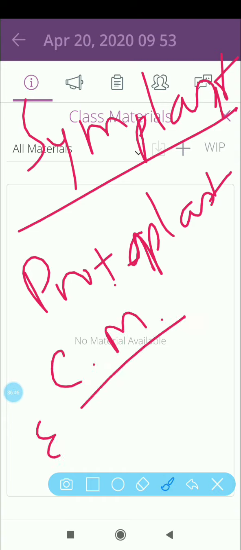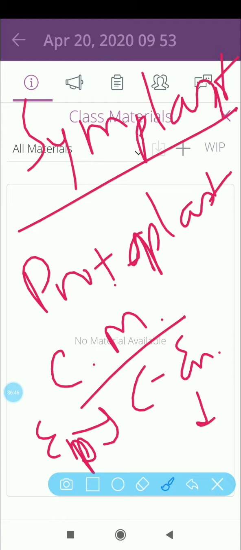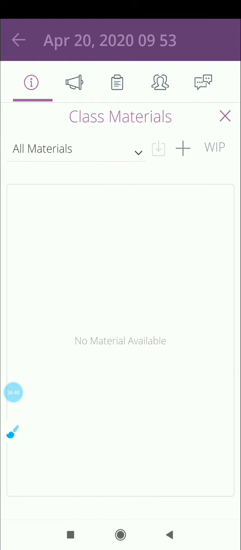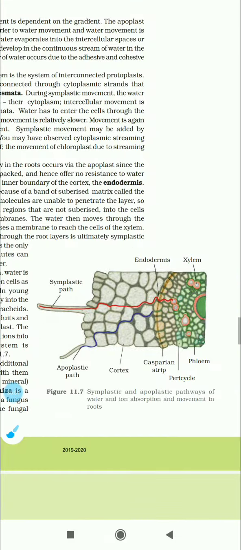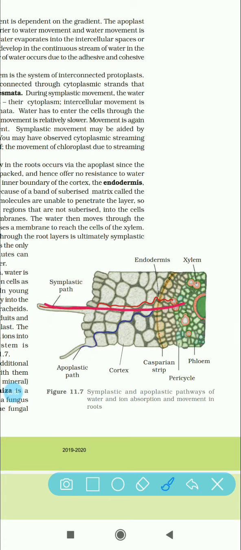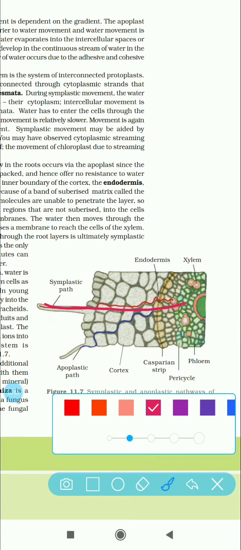So it is inside the cell. We have epidermis, then cortex, then endodermis, and then it will reach the xylem part. As you can observe over here, Symplast is through the cell, whereas apoplast was through the cell wall.